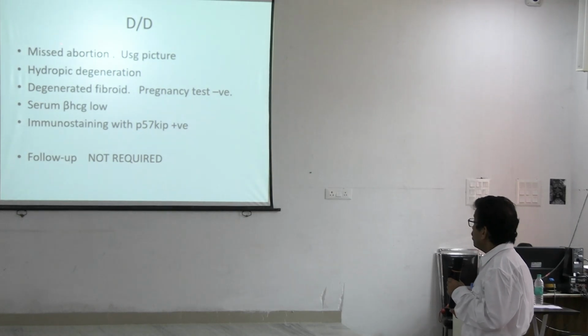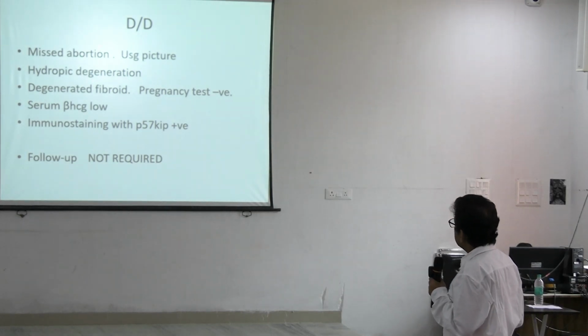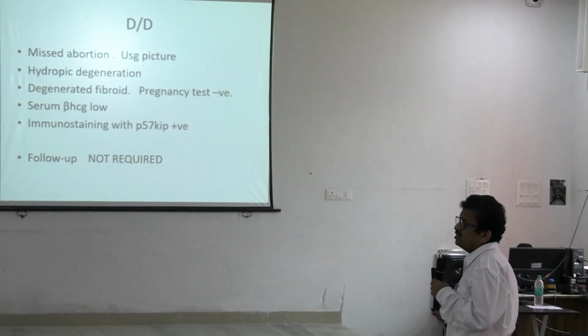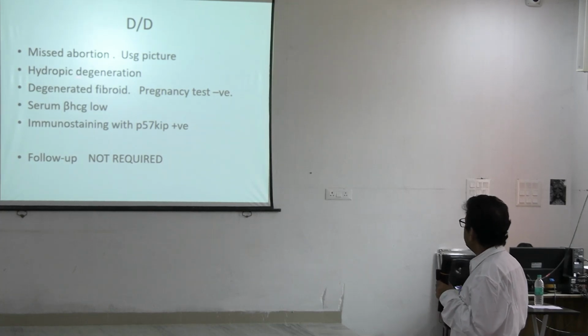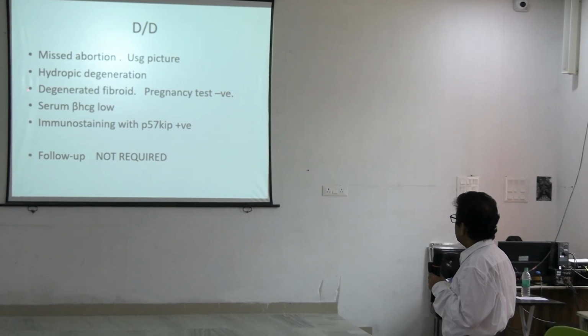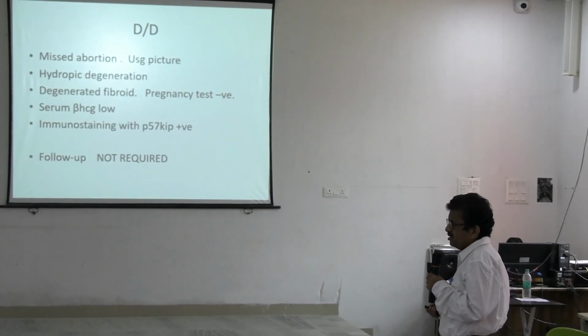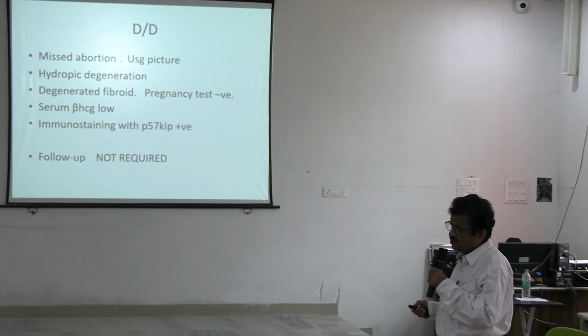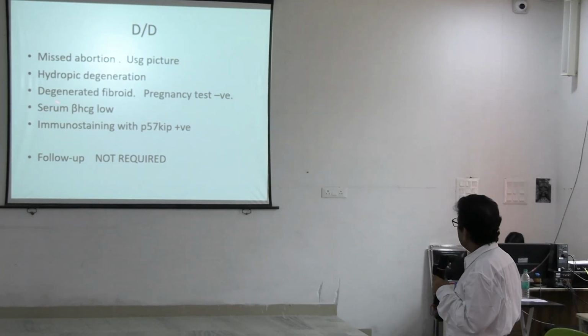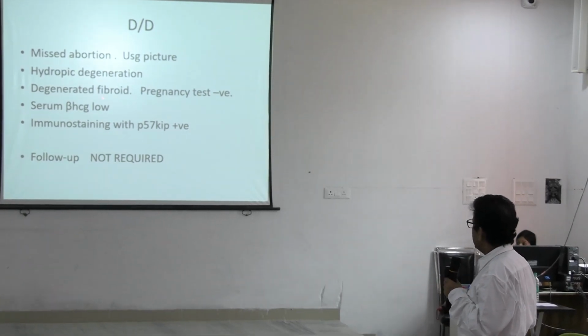whether you are dealing with a missed abortion or with a mole. So number one is, in case of mole, beta hCG will be very, very high. And then with the hydropic degeneration, with the missed abortion, the degenerated fibroid, because the presentation is irregular bleeding PV, the degenerated fibroid will give rise to that picture of molar pregnancy by USG.